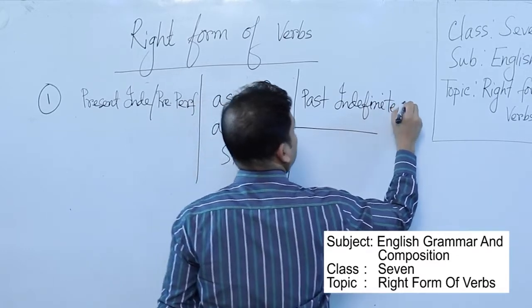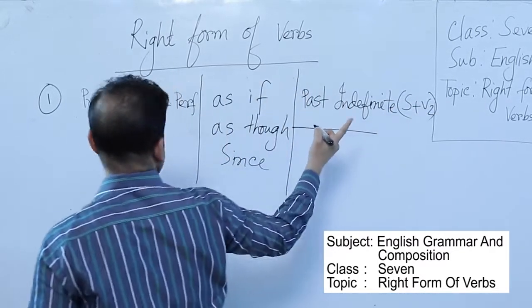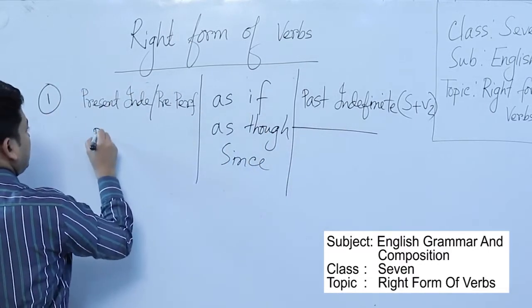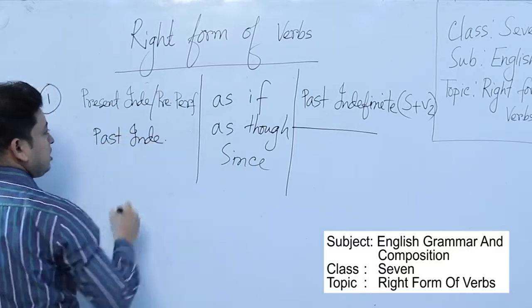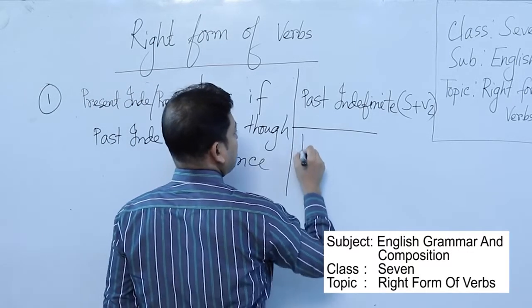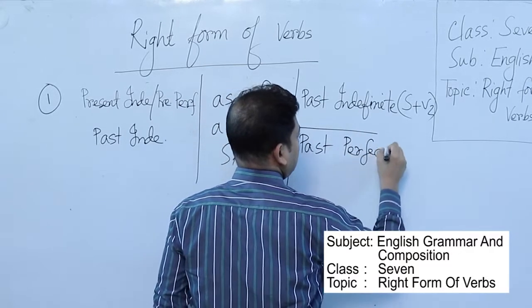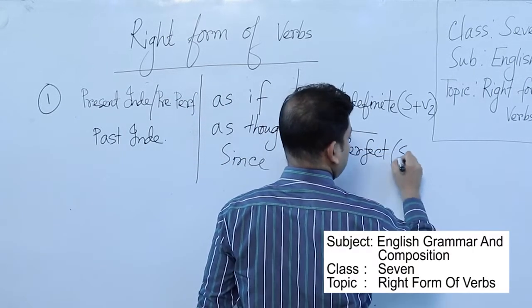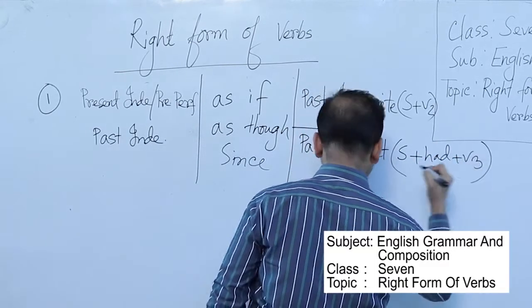Past indefinite means subject plus V2, that means the past form of the verb. Then if there is past indefinite tense, there will be past perfect tense.